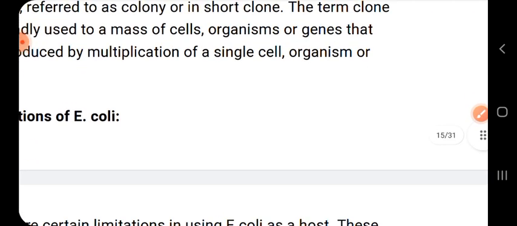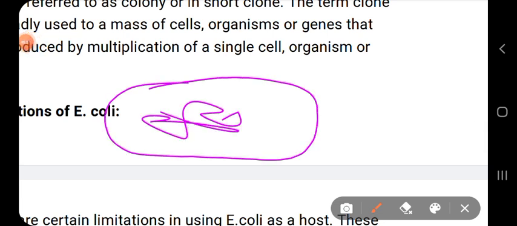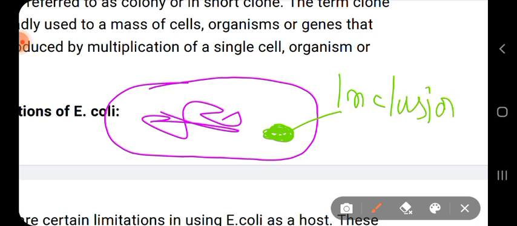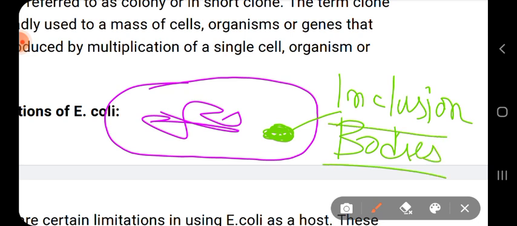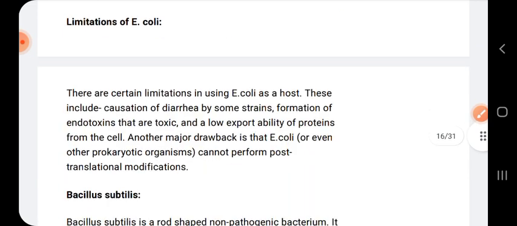If this is a prokaryotic cell, and this is the genome of the prokaryotic cell, and suppose the desirable protein has been formed from our desirable gene taken from the eukaryotic cell, but it has been clumped to form inclusion bodies. Inclusion bodies are very difficult to isolate from the bacterial cell by downstream processing, right? So these types of problems will occur.